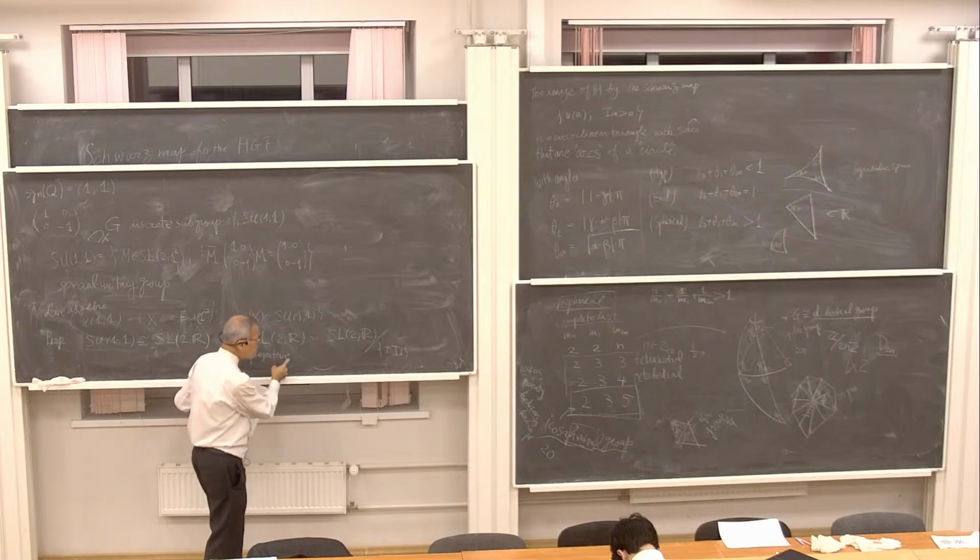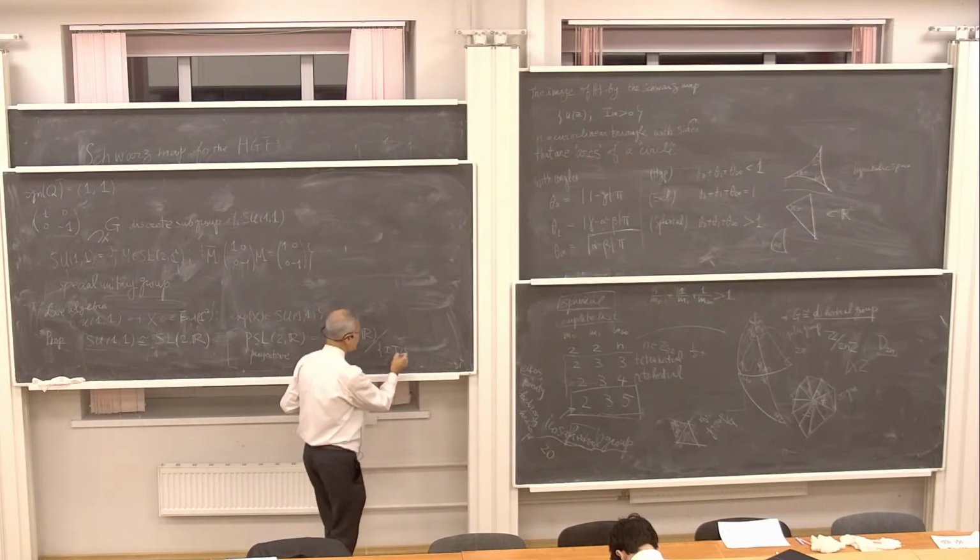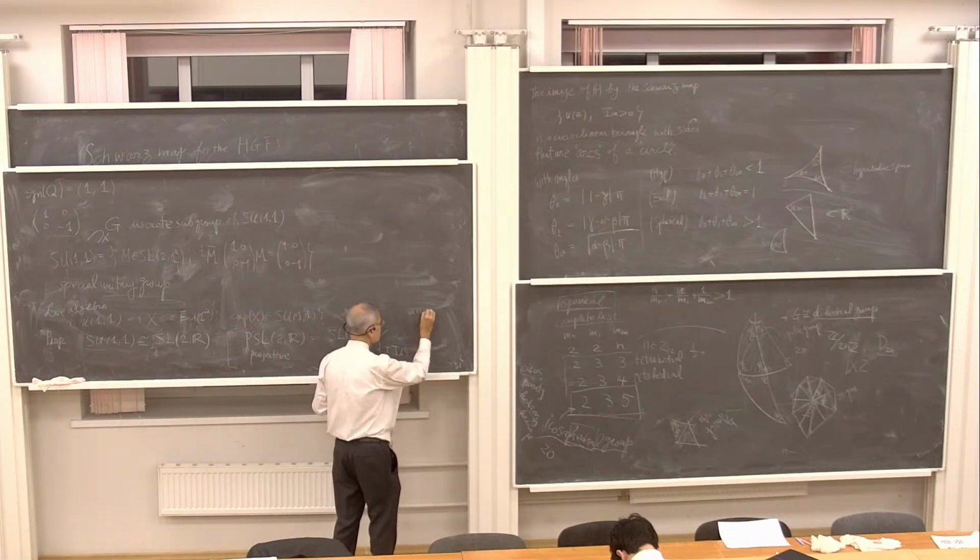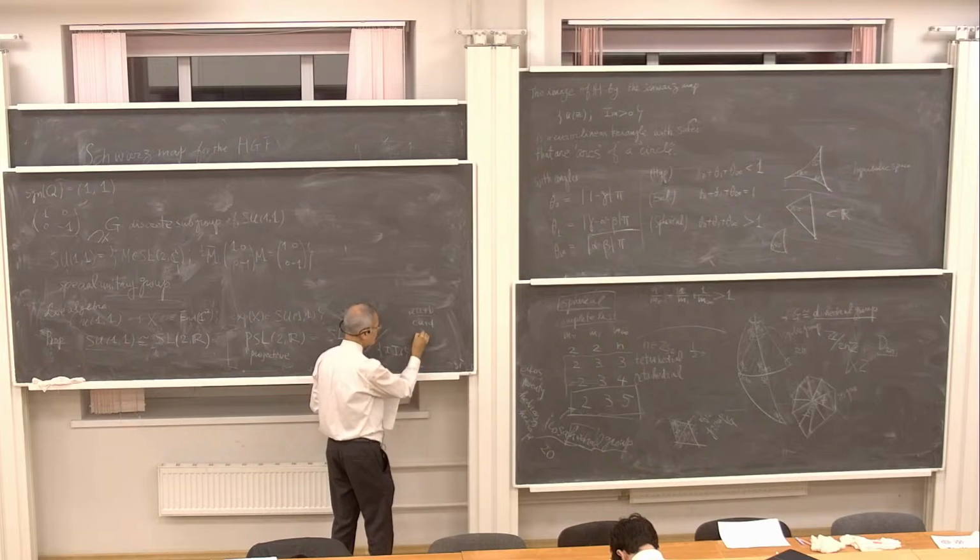Because (AU + B)/(CU + D) is the same as with minus A, B, C, D everywhere: if you put minus everywhere, the result is the same.